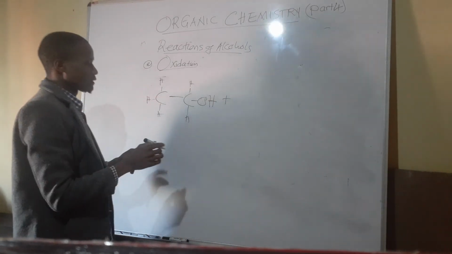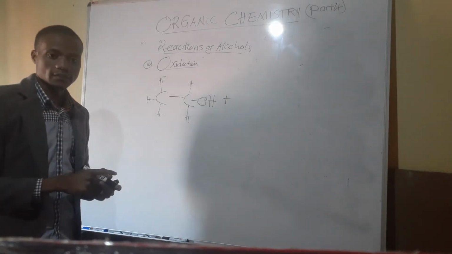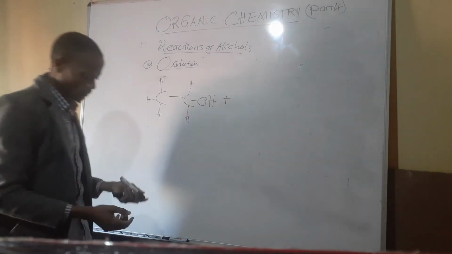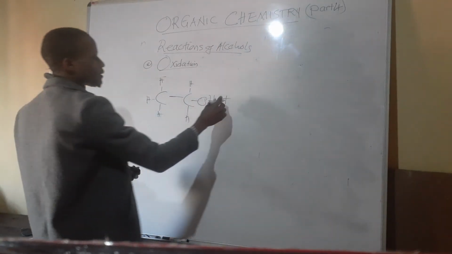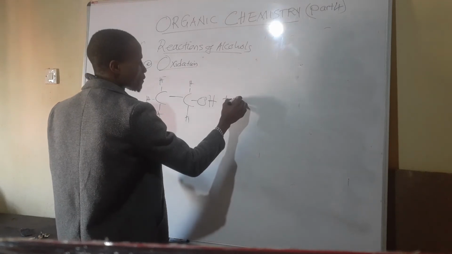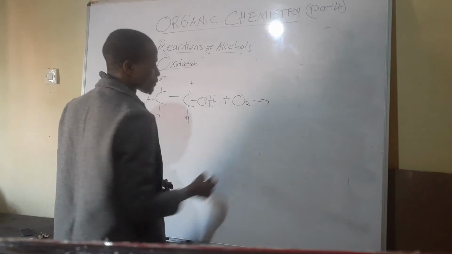Now in this case, it's not really reacting as such, but it's being oxidized. It's not like the reaction is taking place between oxygen and the alcohol, but it's just an oxidation, the addition of oxygen. So we have the O2 there, and it's going to produce something.